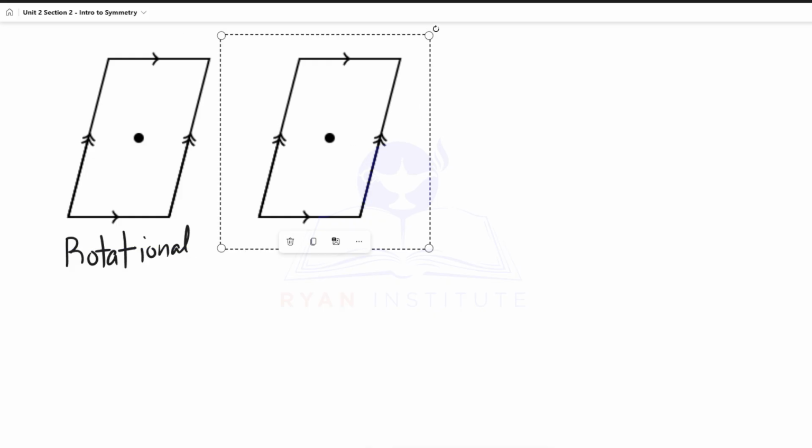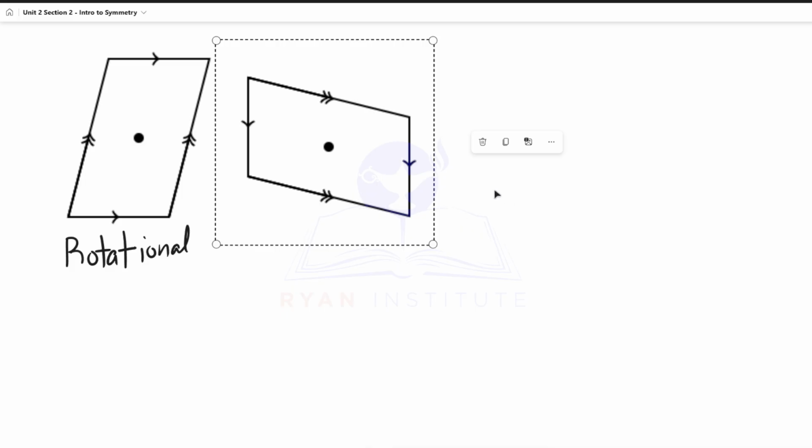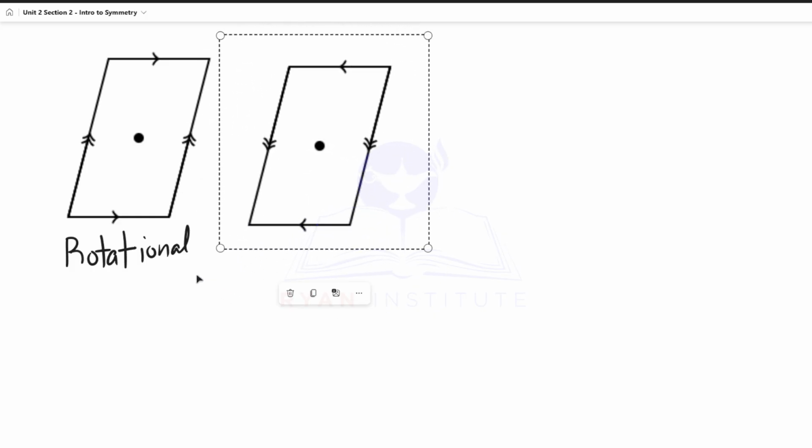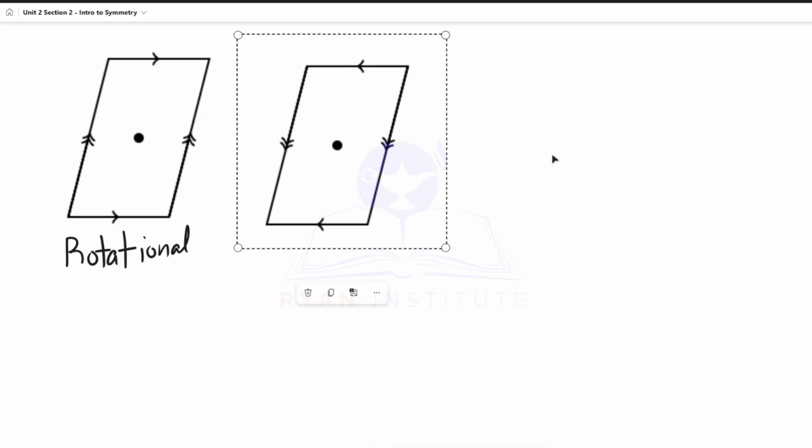If I were to rotate this 90 degrees, you see that the shape isn't symmetrical, but if I turn it 180 degrees, it is symmetrical about the horizontal axis.